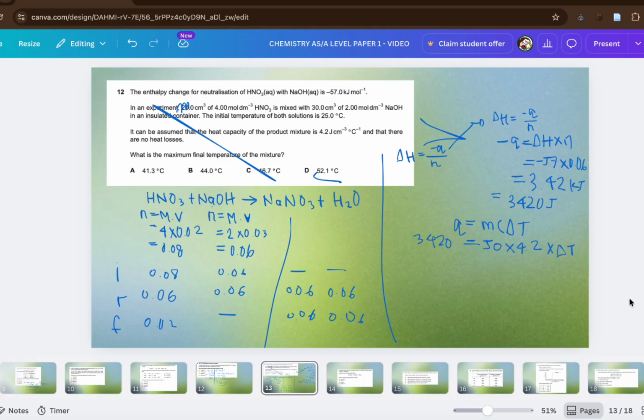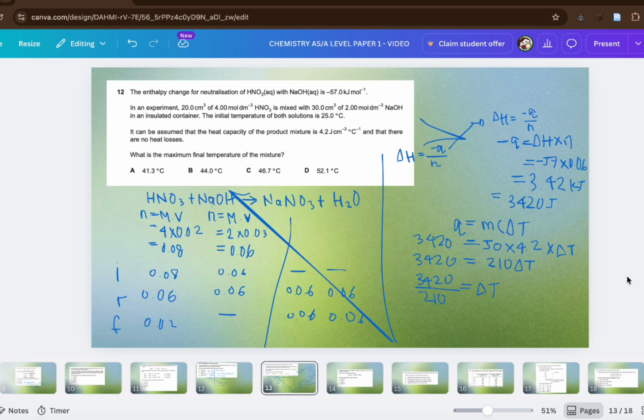Delta T. So 210 delta T equals 3420. Okay. Well, let me just erase that real quick.